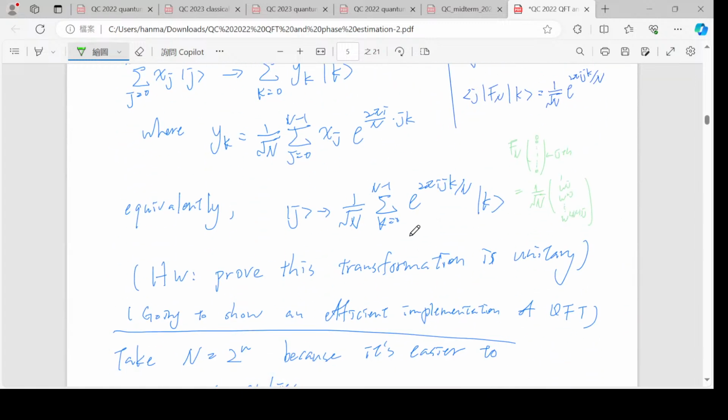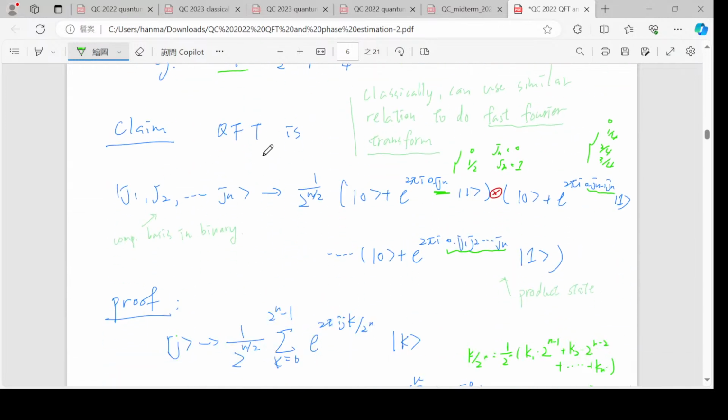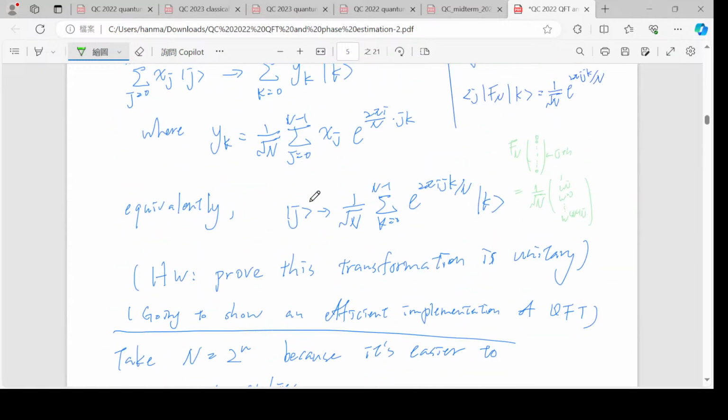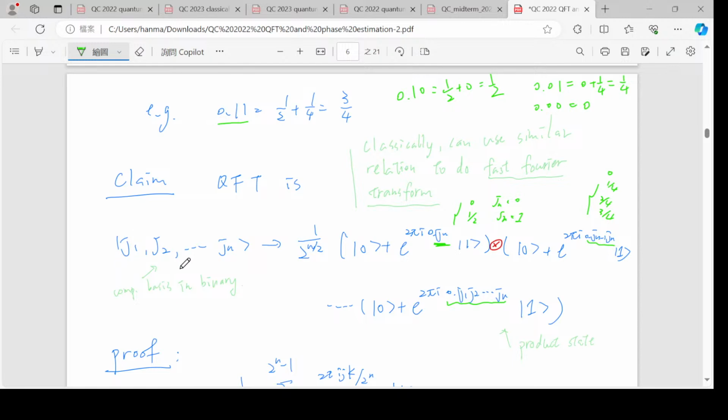We want to do this thing, and we find out that it has this nice factorization form. If you want to transform a computational basis state, this j we now write as a bit string j1, j2 to jn, so every qubit is 0 or 1.